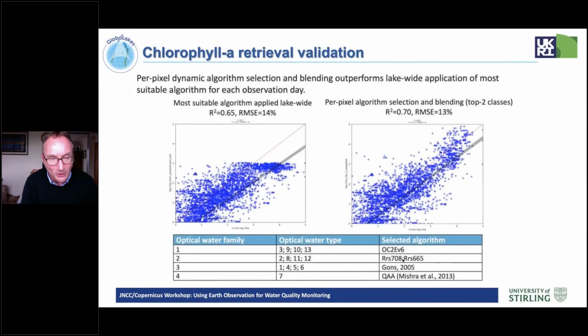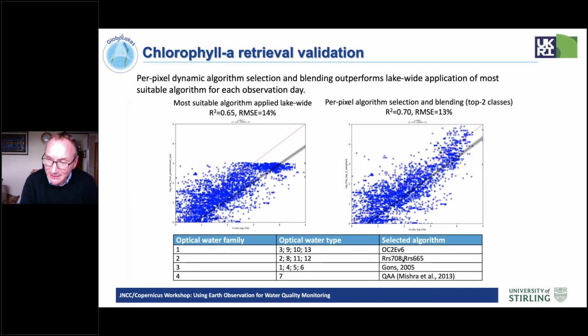We did the same also with the MERIS matchup data as well. So we have here a comparison of two graphs. One on the left-hand side here really uses the most relevant algorithm applied to a given lake and compared it with, obviously, in situ data.